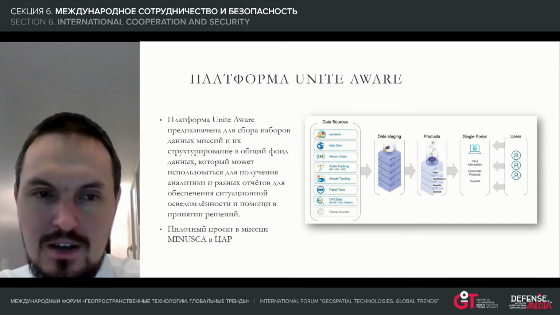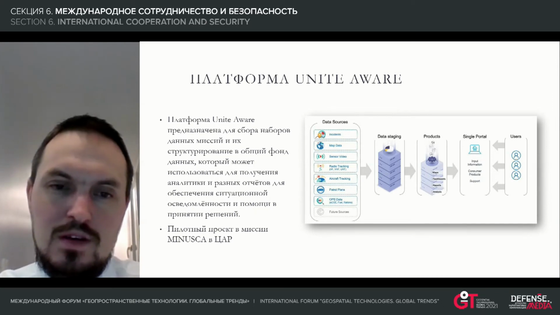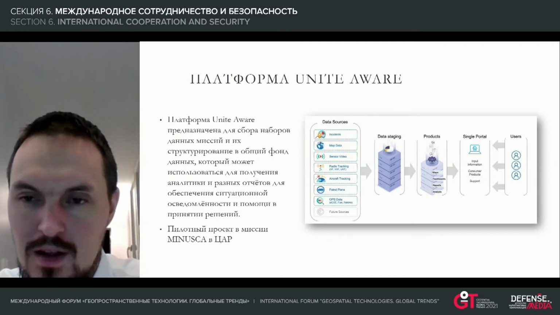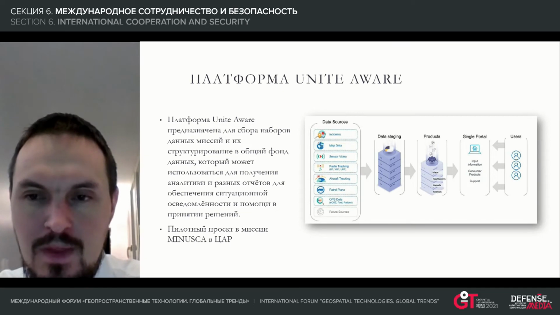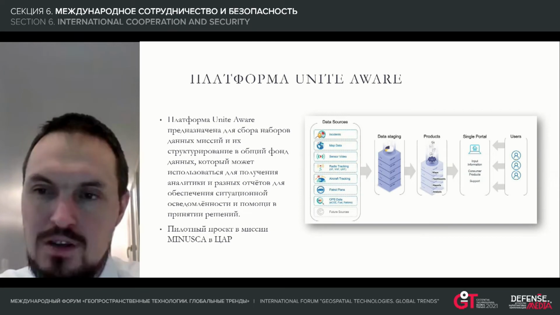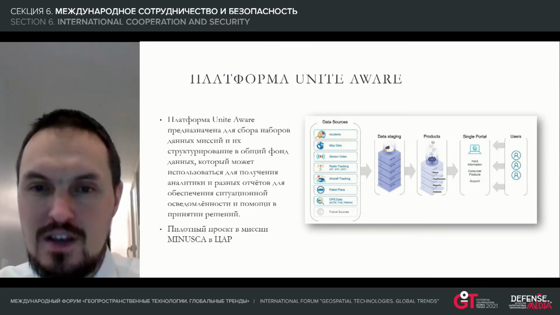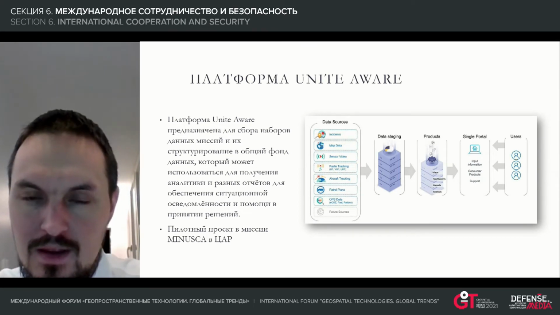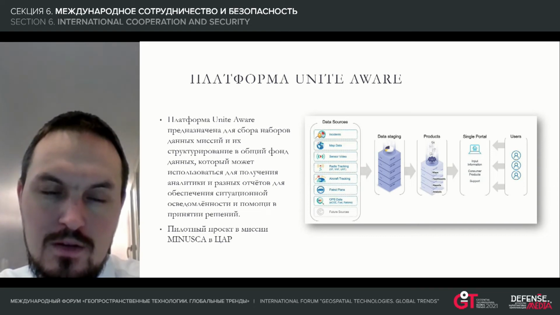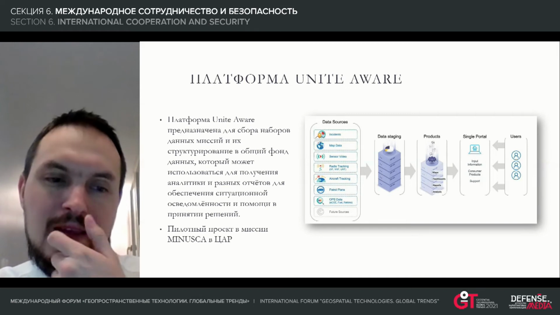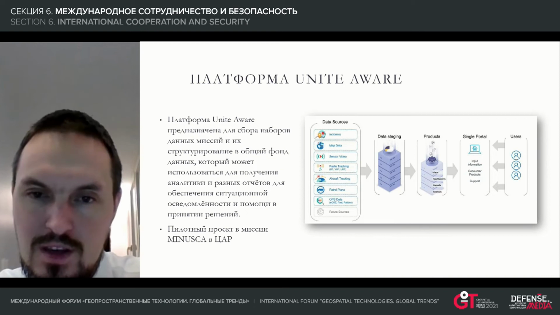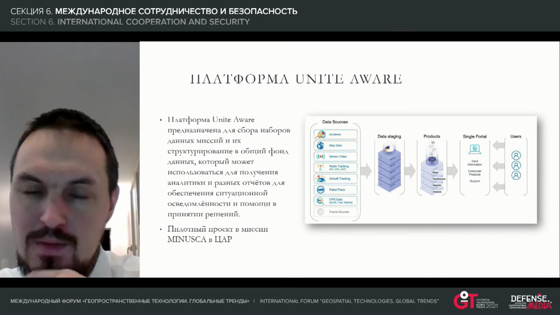They structure it into some general foundation of data, and out of this fund they generate different products: reports, analytics, maps, and these products are available to different users. So that is how it should look ideally. And now this project is being tested. The pilot was launched in the MINUSCA mission, which is in the Central African Republic.